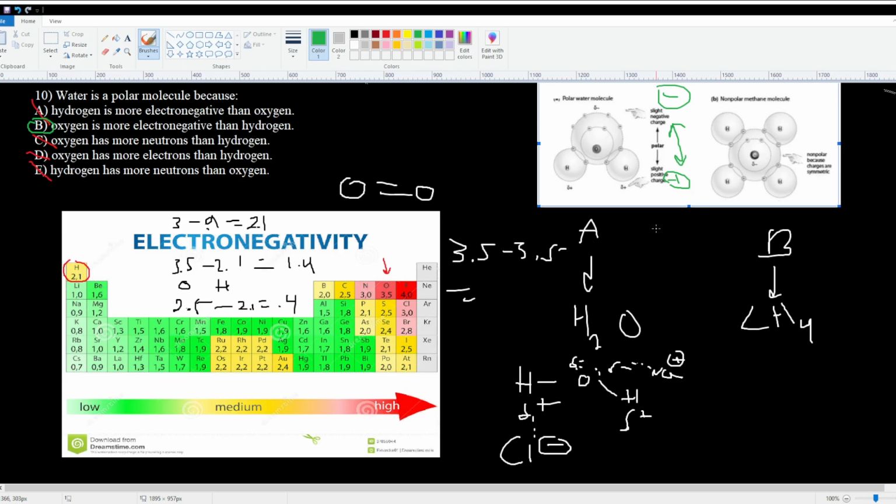It's gonna create that pole because we're having a high density of electrons in this area of the molecule, right? Because oxygen is a bit of an electron hog. It loves to just take up those electrons. So that's what's happening here. So oxygen is more electronegative than hydrogen. Therefore, water is a polar molecule because it only consists of polar covalent bonds.